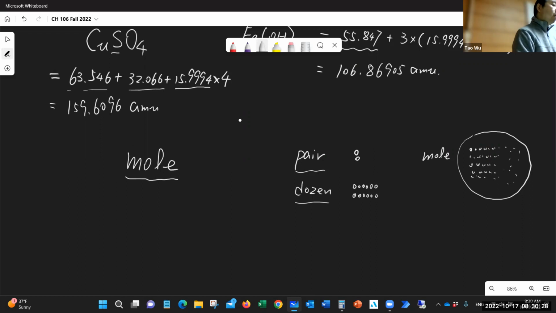How big is this number? It's 6.02 times 10 to the 23rd. This is a really big number, and it is called Avogadro's number.